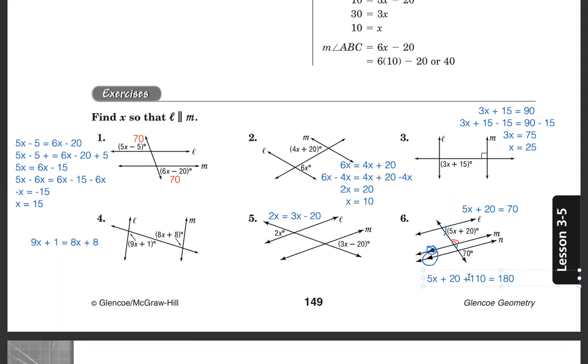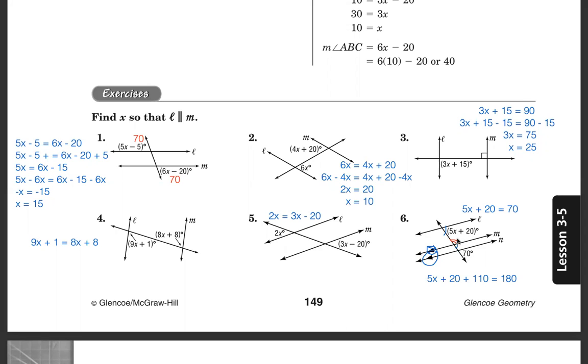Both equations will give you the same value of x. Here we add, but we're not adding 70. Rather, we add the 110 because that's the right angle to add with 5x plus 20. If you use 70, then we put an equal sign because 5x plus 20 and the 70 should be equal, since they are corresponding angles.